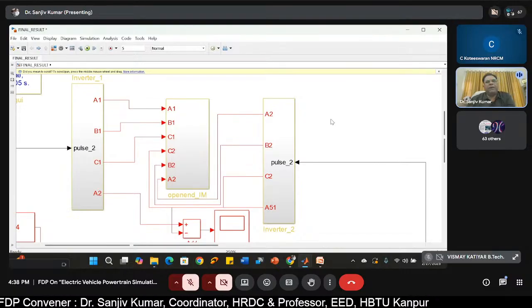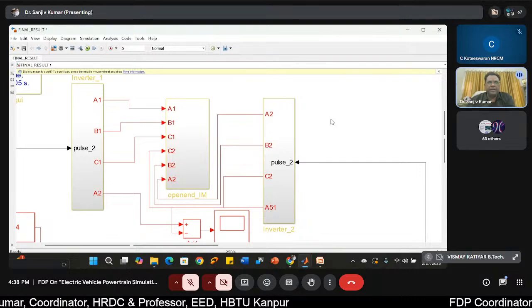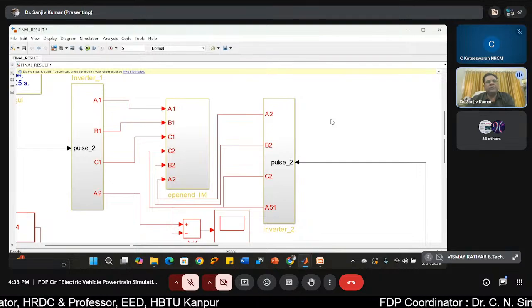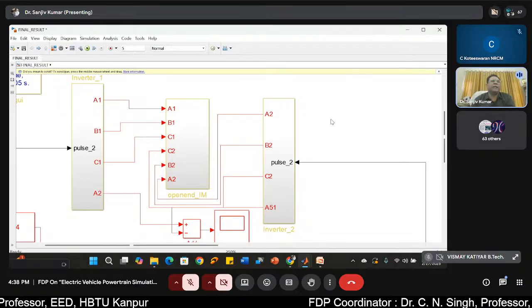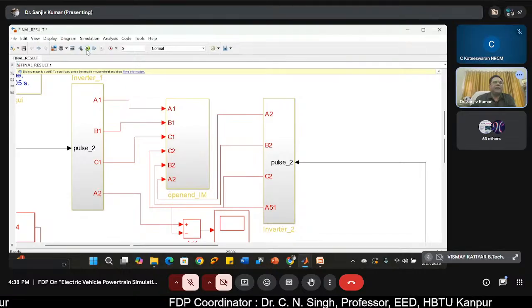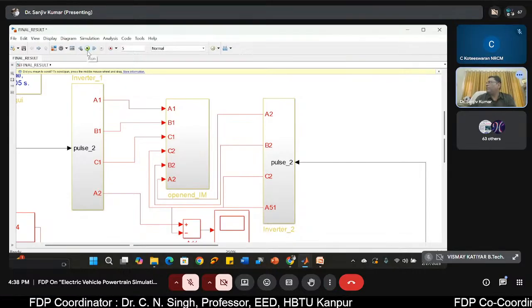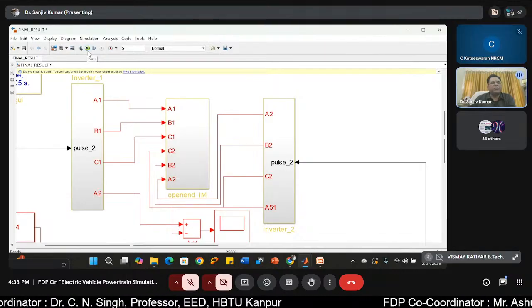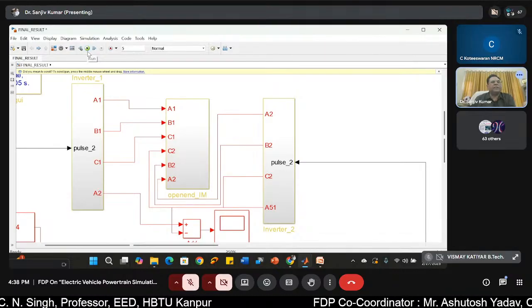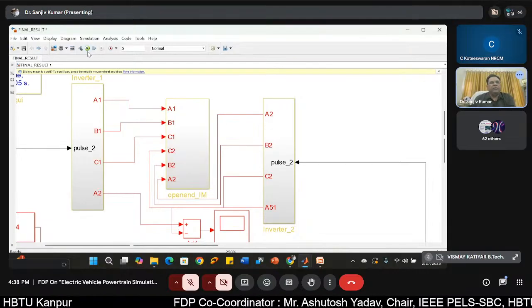The very simple logic we have implemented in MATLAB. I always say to my students, before pressing this run button, my cursor is pointing to run, you must know the expected result. Then only you can understand MATLAB.